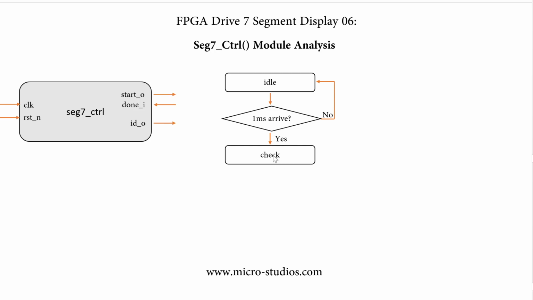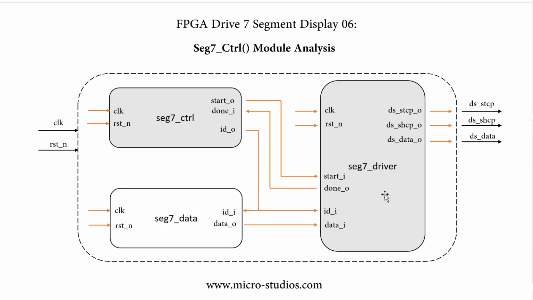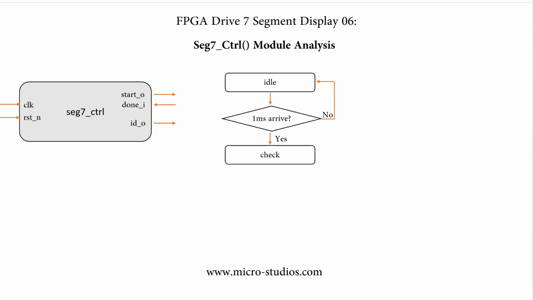The check state checks the done signal to check whether the driver is busy or not. If it is done, it's free, and we can go to the next step. If not done, we stay in the check state.